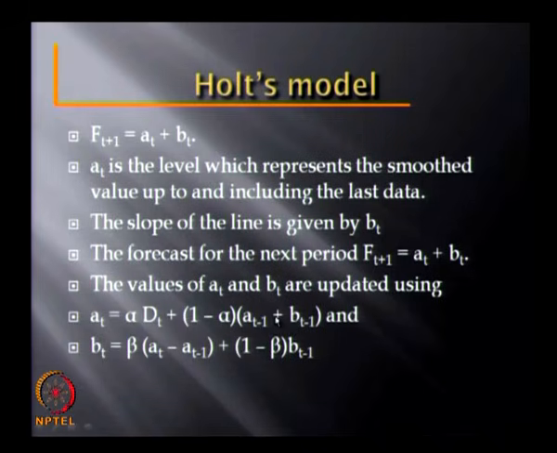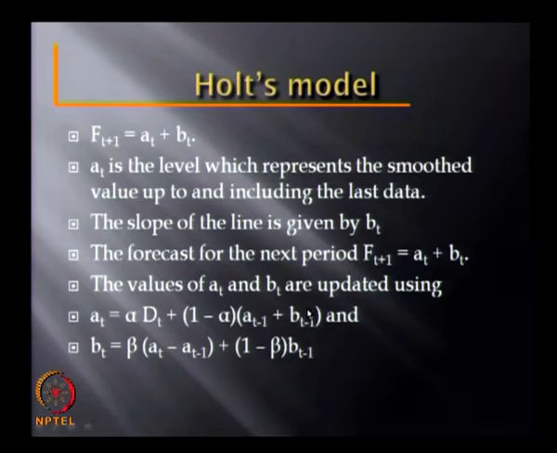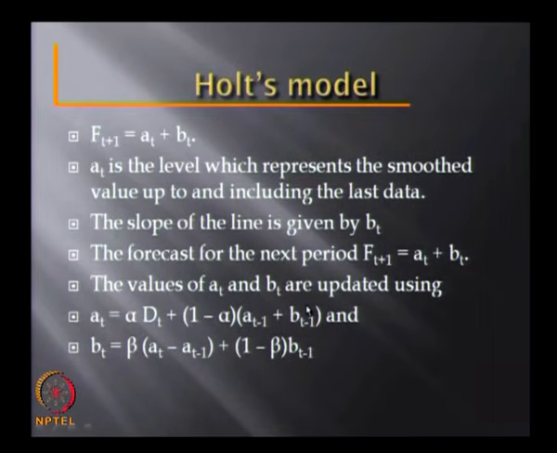I had used f t in the last lecture, but I had also mentioned that there are two versions of it. So, now we will use a version alpha d t plus 1 minus alpha f t minus 1. So, f t minus 1, which is the forecast made at the end of period t minus 1 for period t.